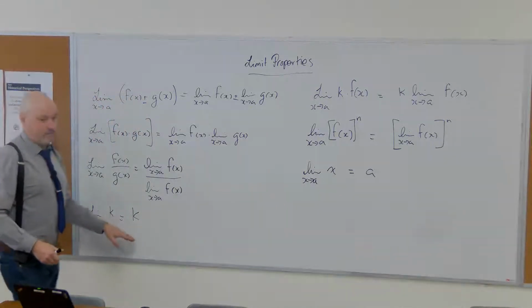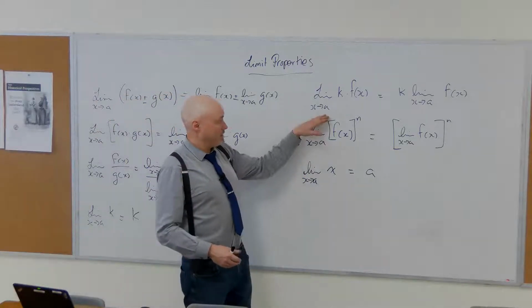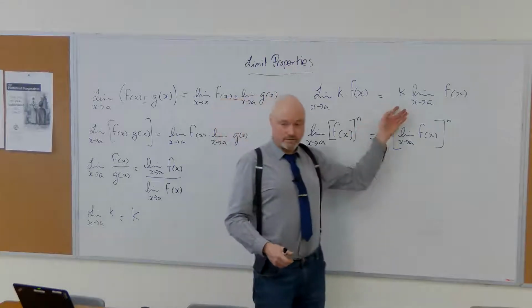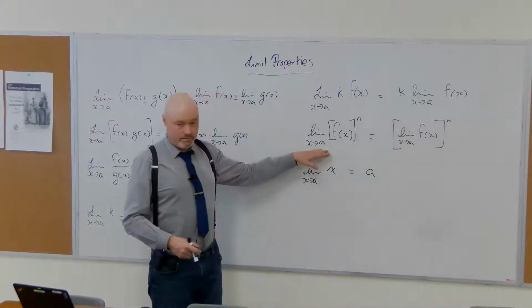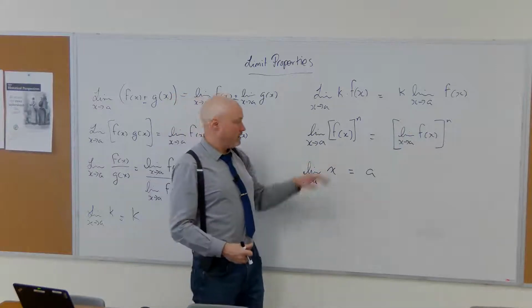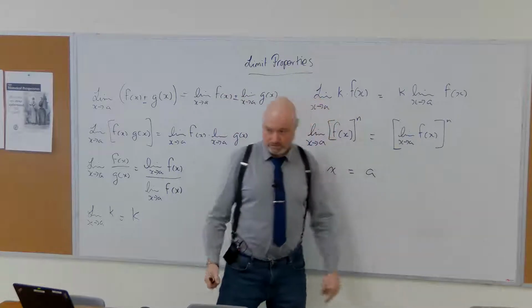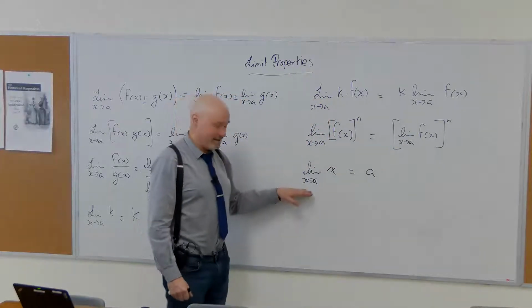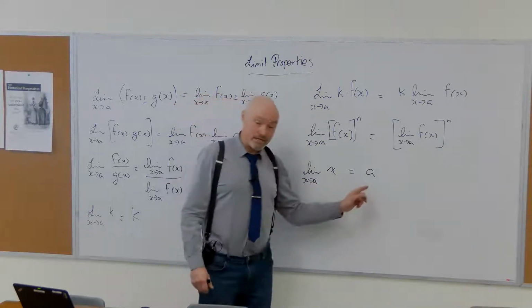The limit of a constant is a constant as x approaches a. The limit of a constant times a function is a constant times the limit of the function as x approaches a. The limit of a power is the power of the limit of the function as x approaches a. And the last one, the limit of x as x approaches a is a.